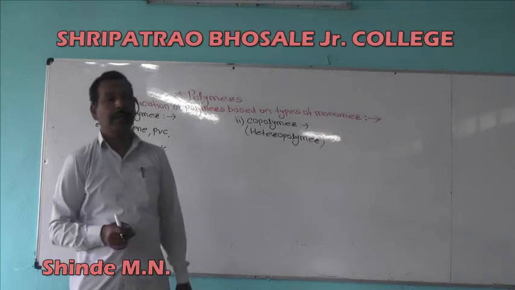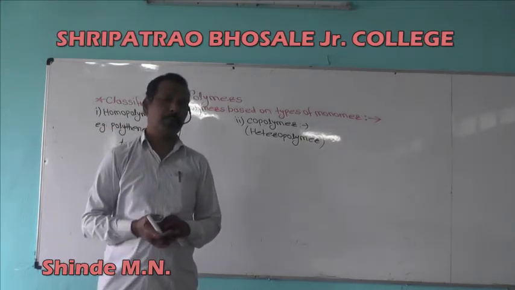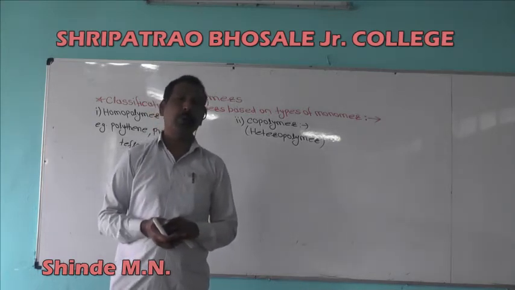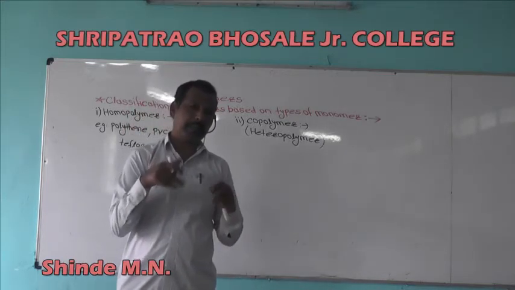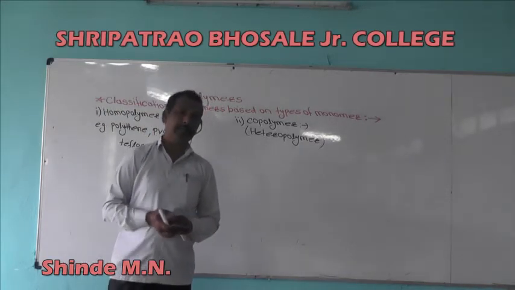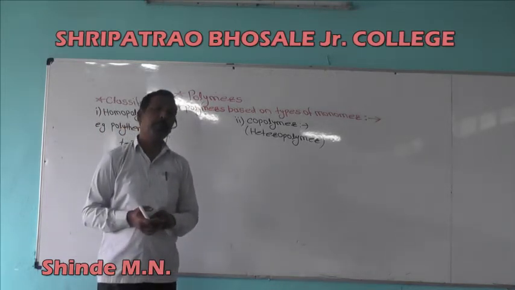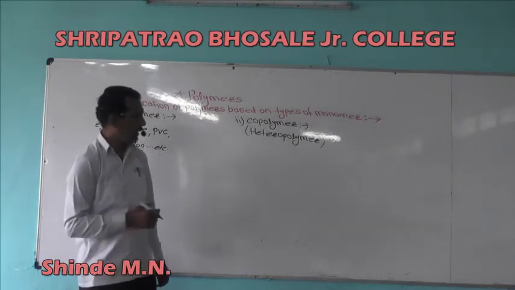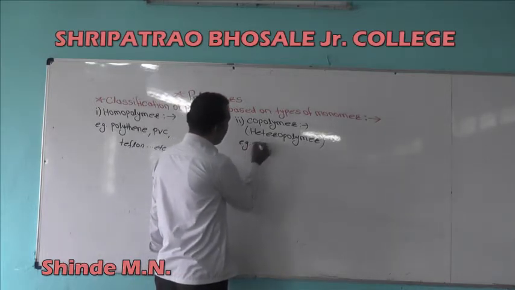So here, if more than one kind of monomer is used for the preparation of polymer, then the polymer formed is called copolymer or heteropolymer. That means if we take more than one different type of monomers and a polymer is formed from them, then we call it a copolymer.